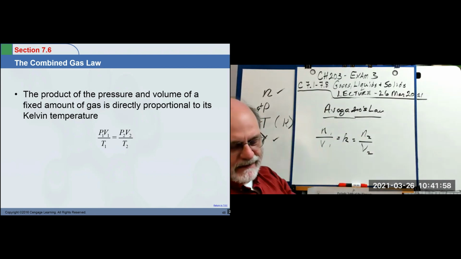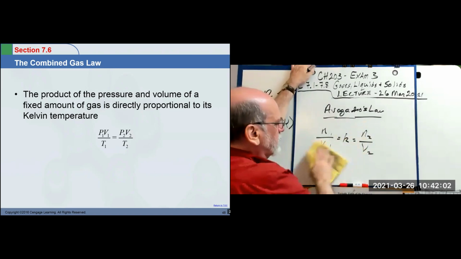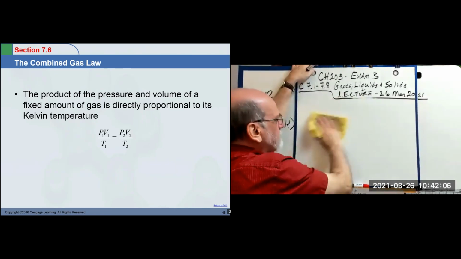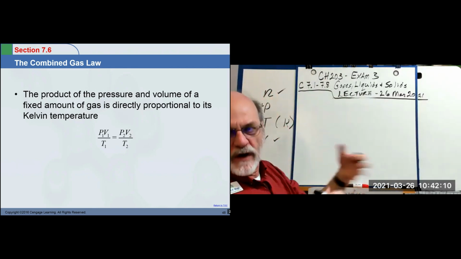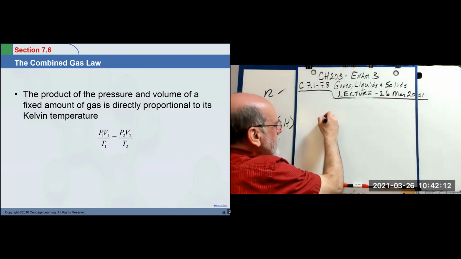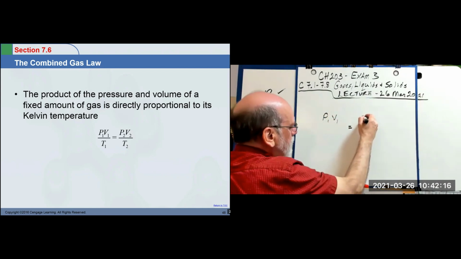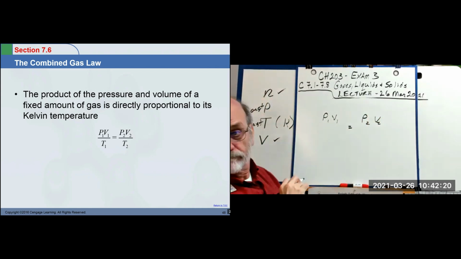Now for this combined law, and I need to correct that slide because this is very important. For the combined law, we say, how are they related? Well, if we take them one law at a time, we would say pressure, volume, pressure, volume. Okay? Now, how is volume and temperature?